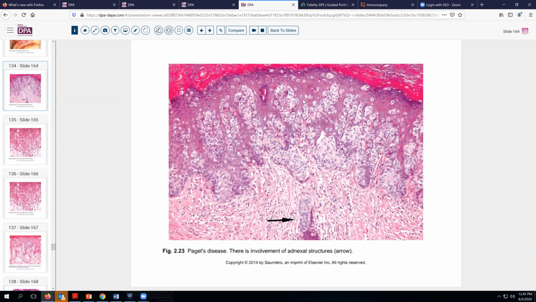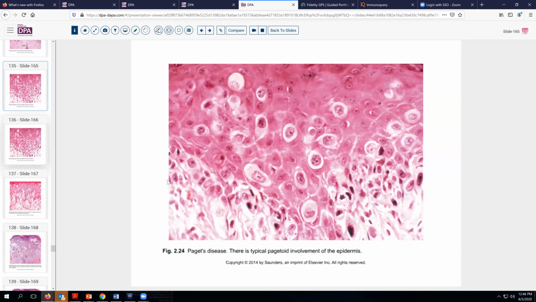And the characteristic appearance of this is single cells or small clusters of cells along the dermal epidermal junction with upward migration, very frequently seen, with single cells. And because of that, of course, the differential includes things like melanoma, as well as adenocarcinoma in situ or Paget's disease. Here's a higher magnification.